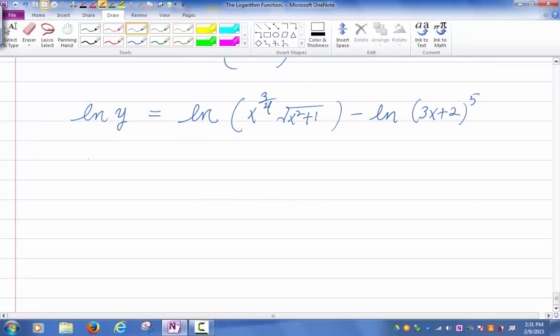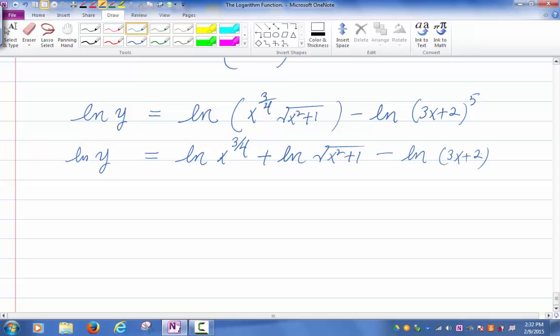And I can apply rule number 1 now. Ln of x to the 3/4 plus ln of root x squared plus 1 minus ln of 3x plus 2 to the 5.